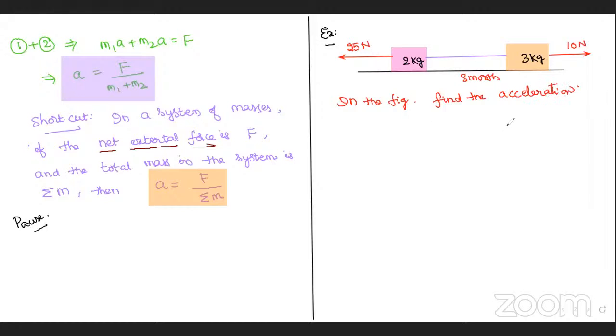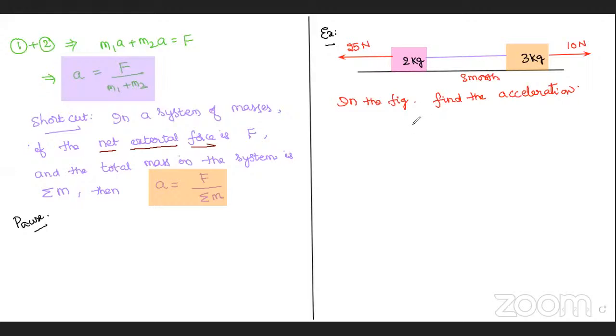This time I am preparing for an objective test, so I have to solve a numerical quickly in a short time. That's why here I am not drawing FBD1, FBD2, equations, internal forces, solving them and finally finding A. I am not preparing for board exams, but for objective tests.